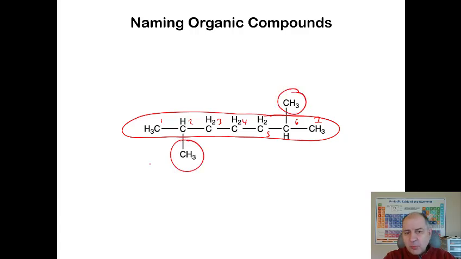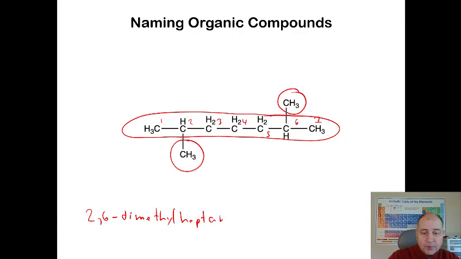We always have a methyl group on the second and the sixth one here. So this would simply be 2,6-dimethyl, and again heptane. Kind of boring, they're all dimethyl somethings, right?